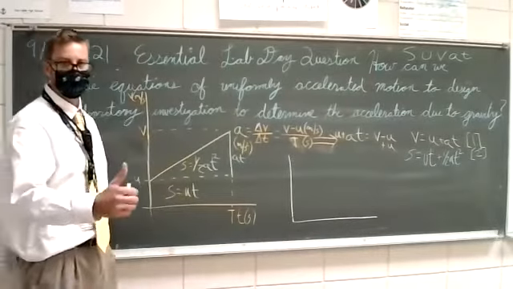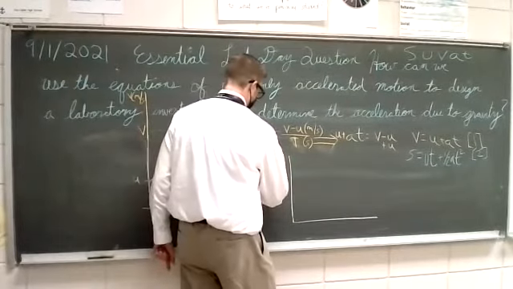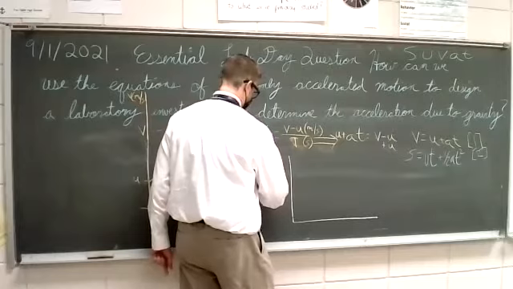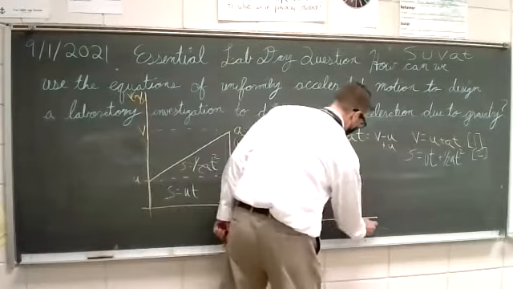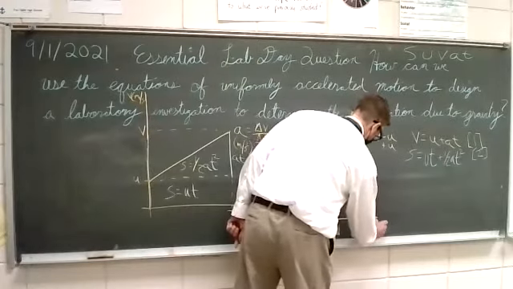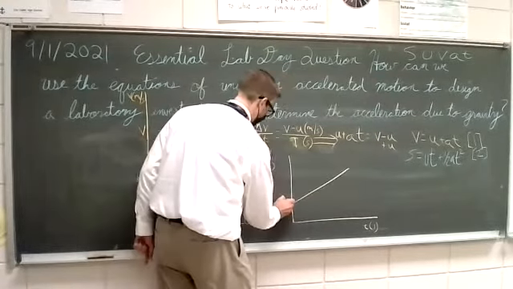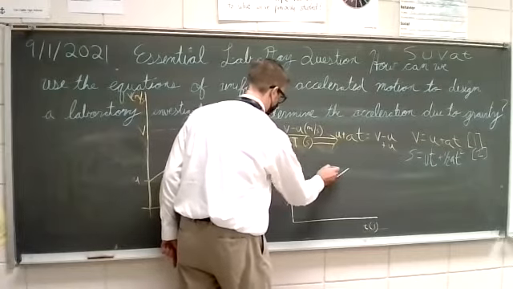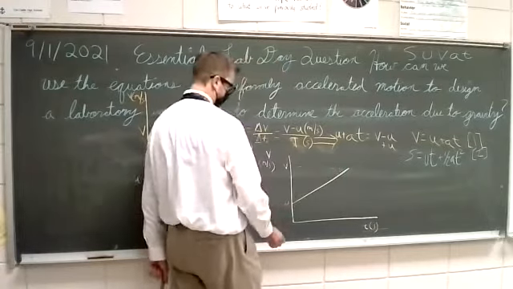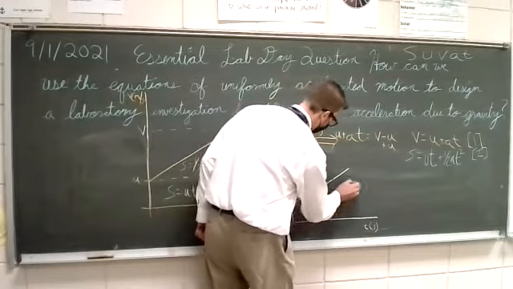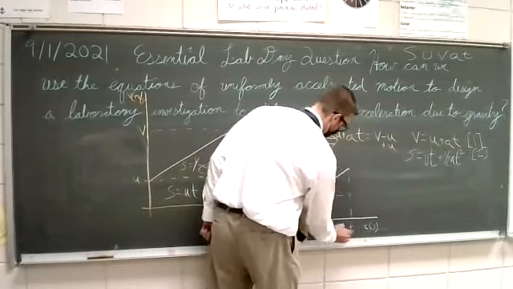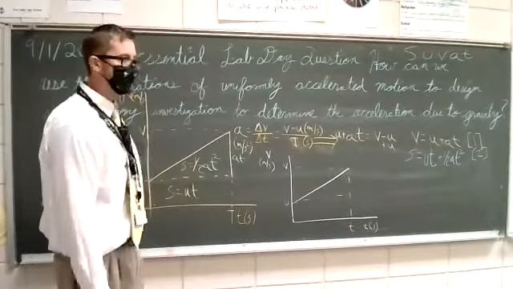Is that okay? You two, you still see that okay? Great. We've got velocity, meters per second, time, seconds, and we want something like this, from u to v in time.